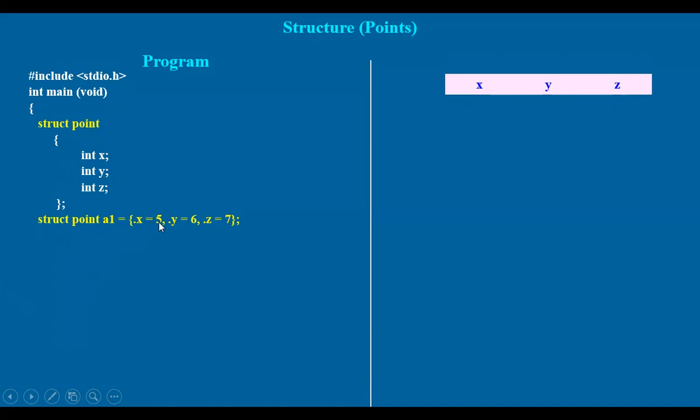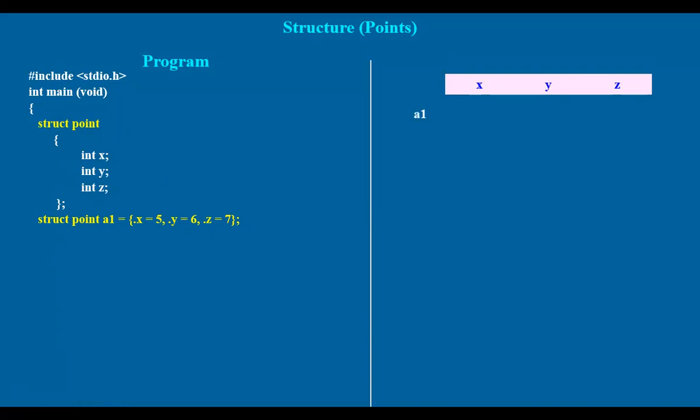Earlier, we saw only assignment of values in order, where the values are assigned in the same order. Instead of giving .x, .y, .z, you can just assign 5, 6, 7. That is also enough. But when you mention .x, you are being very specific that 5 should go to the first field, 6 should go to the second, like that.